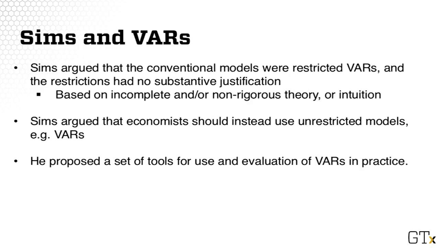Sims, who was the first to provide more grounding to the unrestricted VAR model, argued that old-fashioned macroeconomic models, particularly using restricted VARs, the restrictions in such models have no substantive justification. Sims argued that economists should instead use unrestricted models. He proposed a set of tools for use and evaluation of VARs in practice.